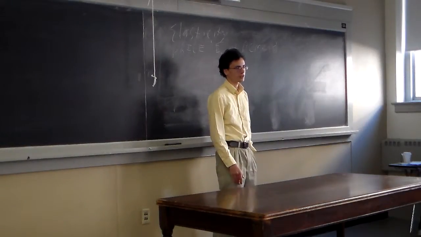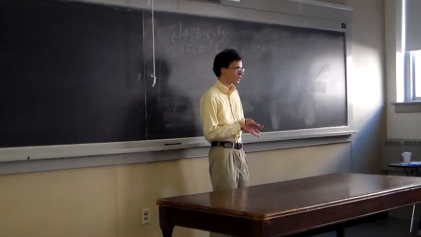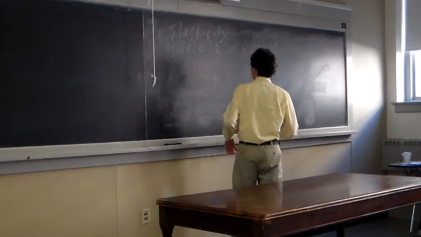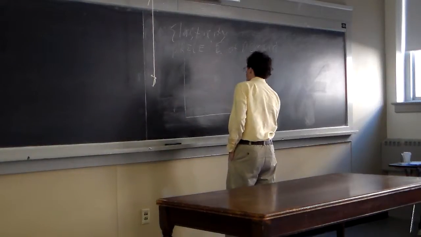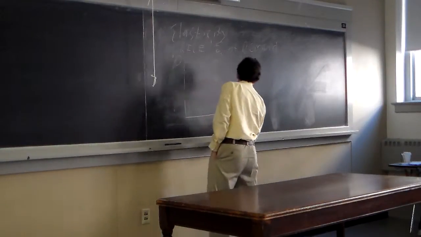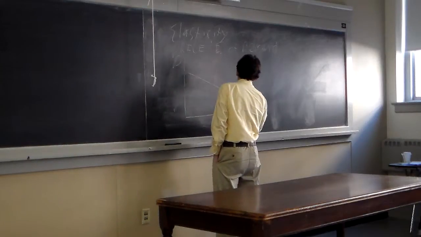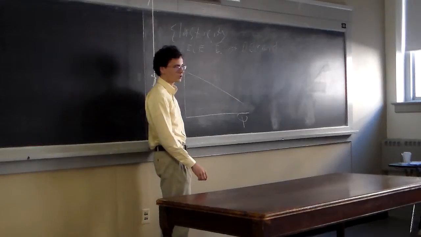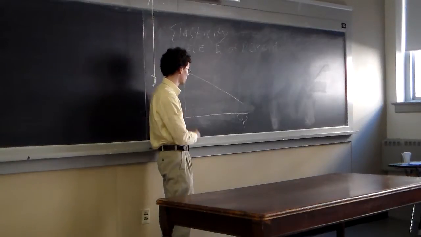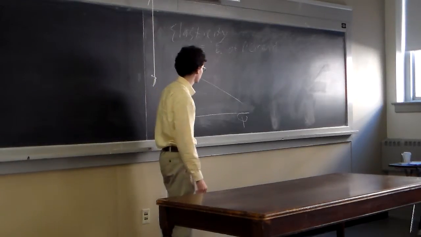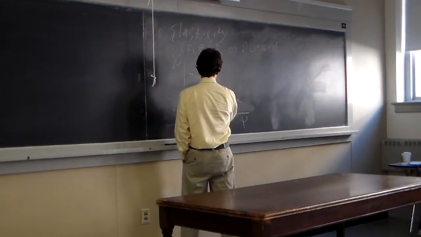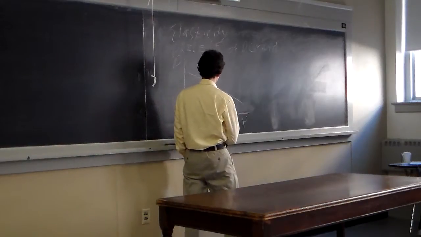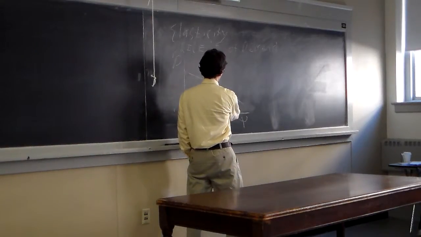So the point of elasticity is that you can examine any kind of variable and know how sensitive it is to changes. So let's illustrate that with a graph. This is a demand curve charted on the price and quantity axis. This is an example of a good that's pretty elastic because this is your equilibrium price, and then all of a sudden it moves to here.